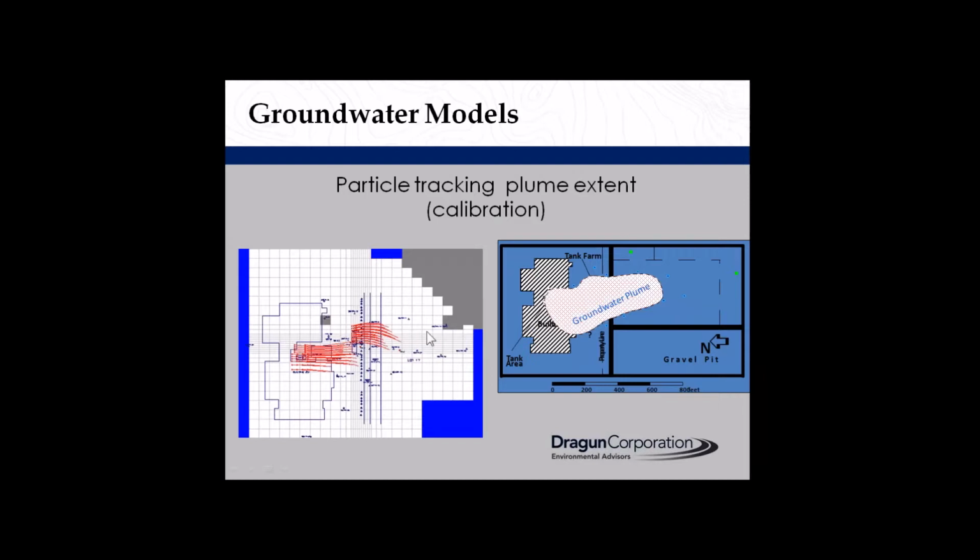And you can think of particle tracking like a golf ball on a putting green. So where these red dots are, we drop a ball here, and it's going to follow the contours of the water table to an endpoint over a certain amount of time.